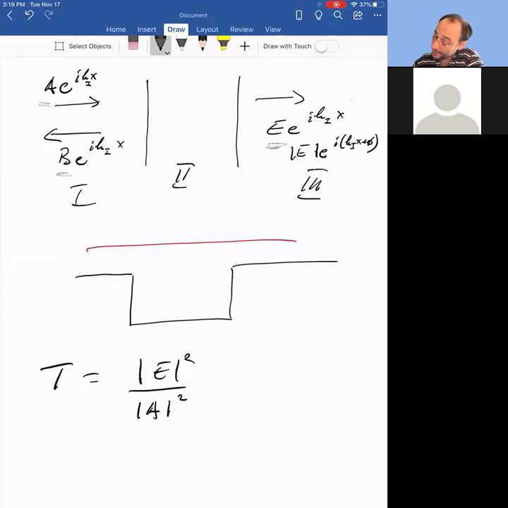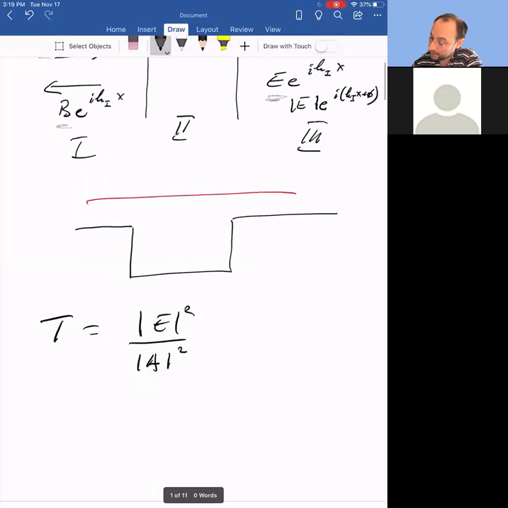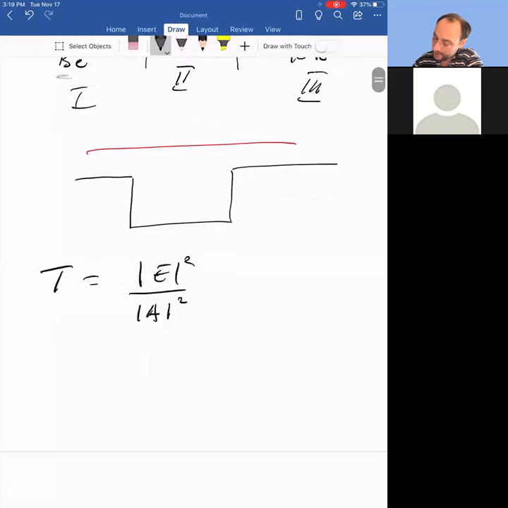But the fact that transmission probability is generally less than 1 means that, here's the incoming wave.